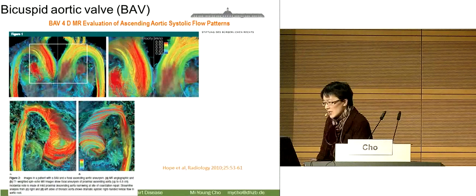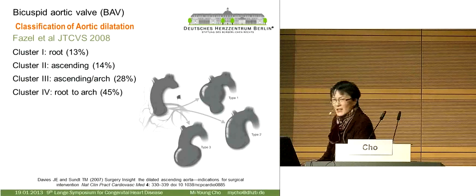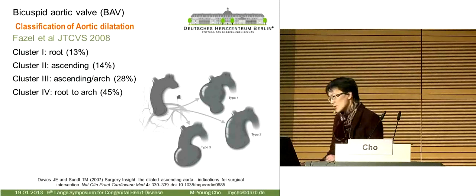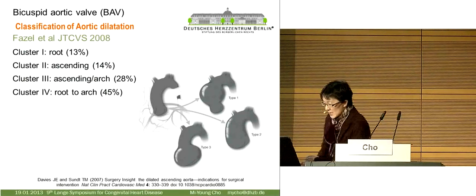These are 4D MRI flow studies: this is the normal aorta, this is a dilated aorta, and this is a bicuspid. Although there are maybe not as many differences as we expected, there are, of course, flow differences and flow pattern differences.